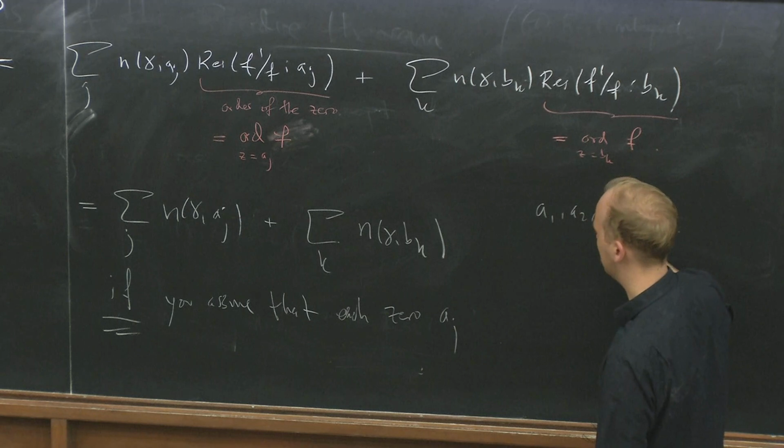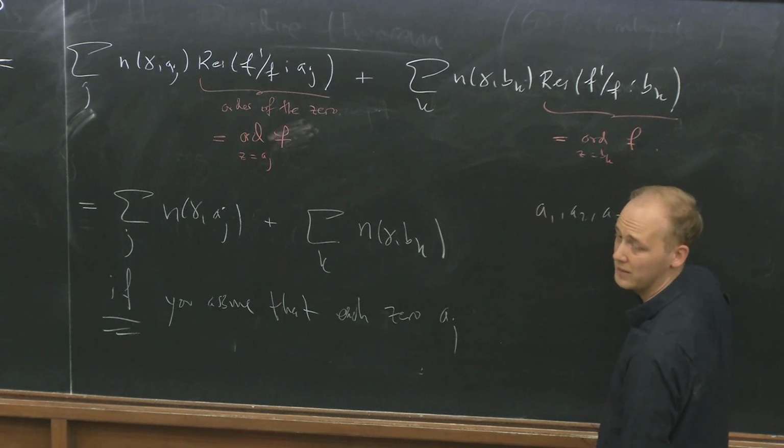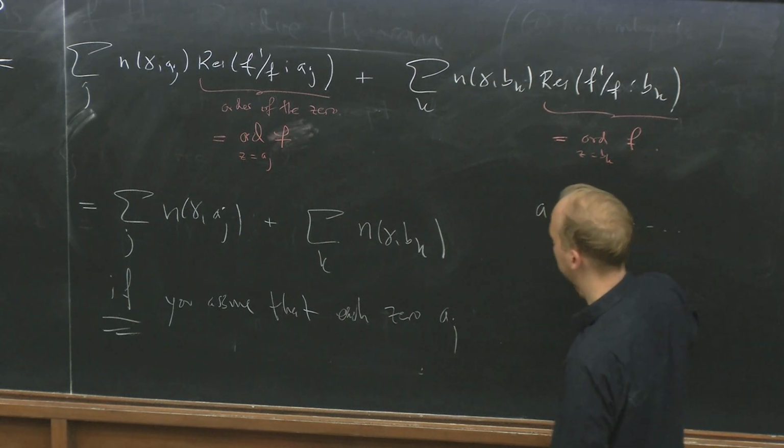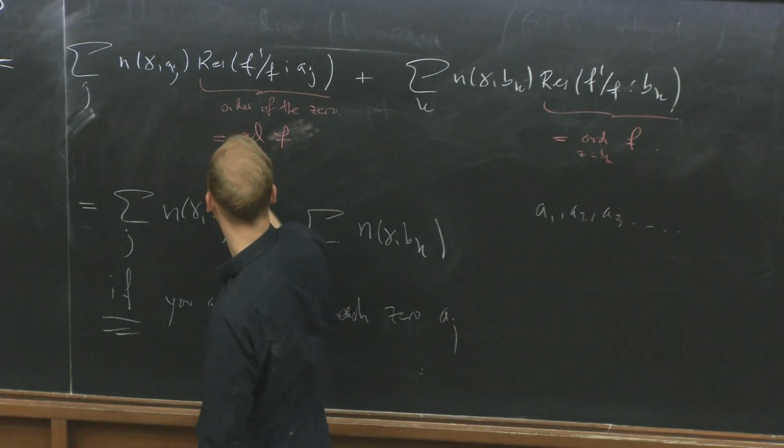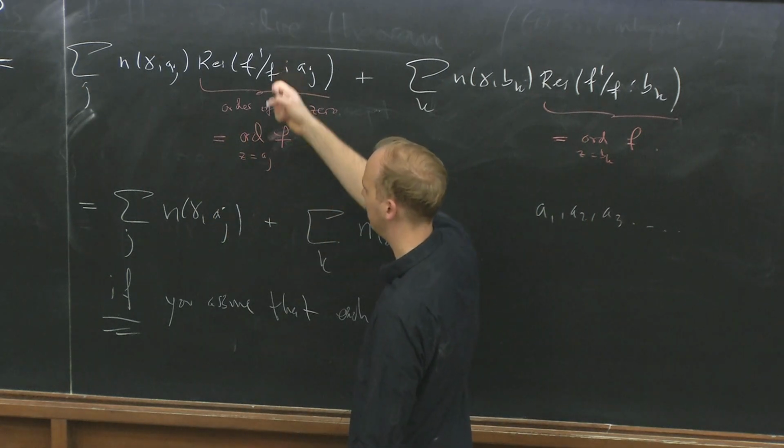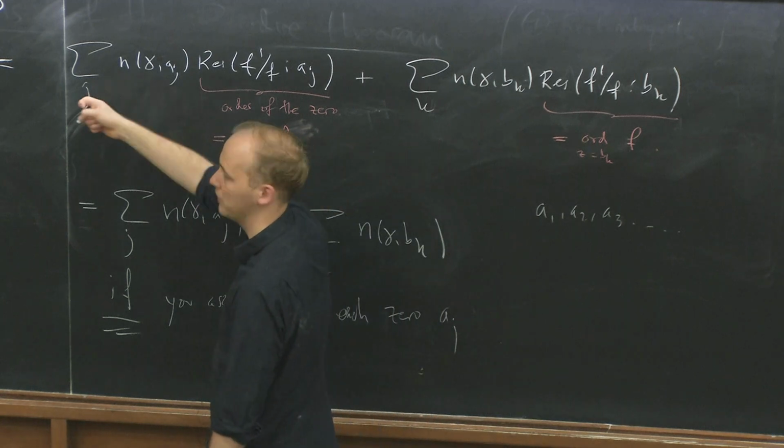So if you had a triple zero, you would write the same point 3 times. And hence you would sum, so instead of putting the order here, which might be 3, and summing once, you just sum 3 times over it.